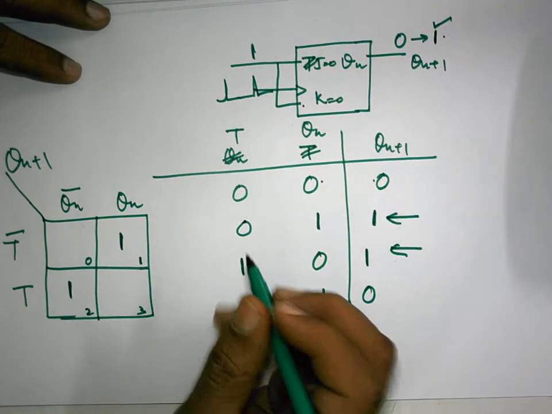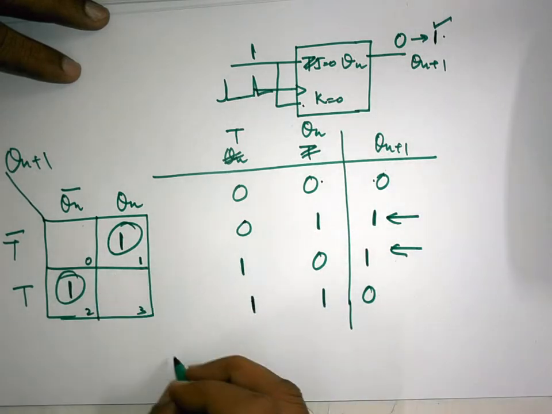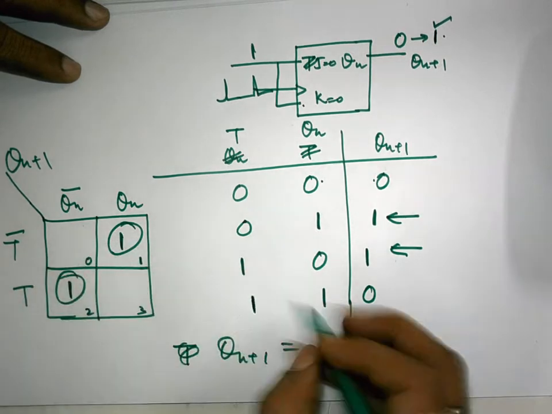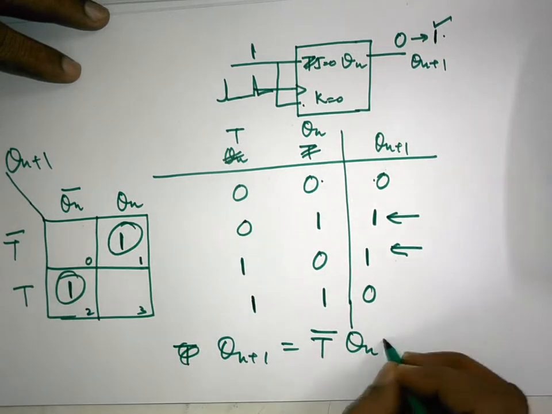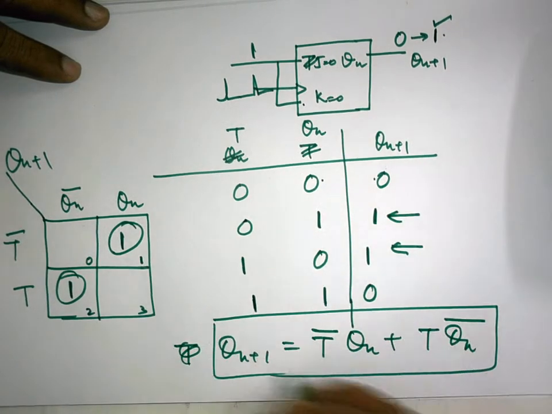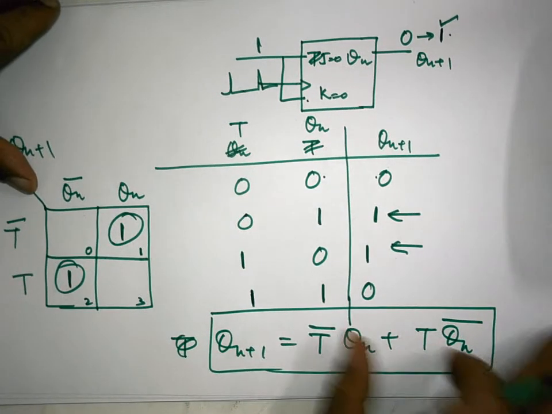So no way we can make any combination. This and this, they are independent. This means Qn plus 1 equals T bar Qn plus T Qn bar. This is the characteristic equation of your T flip flop. Getting my point? Now there is one more thing.